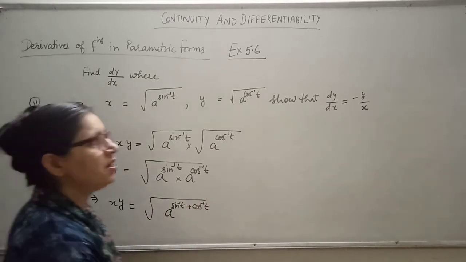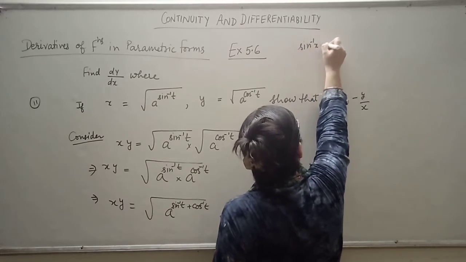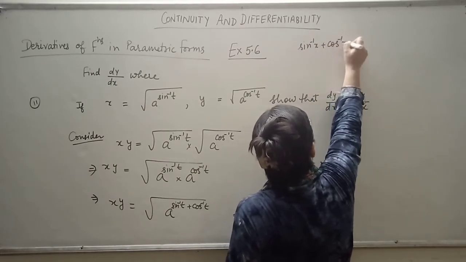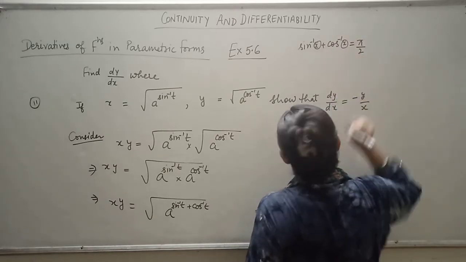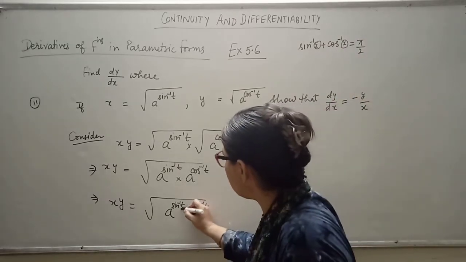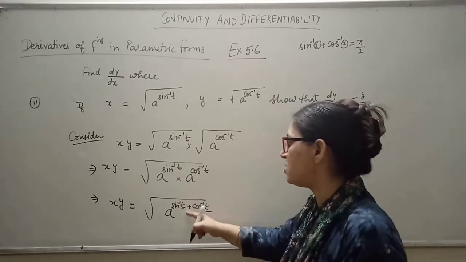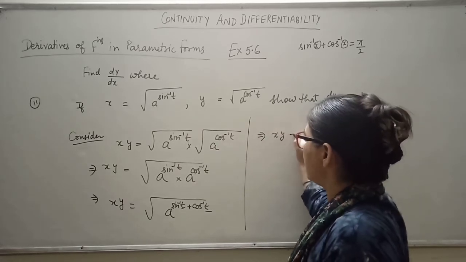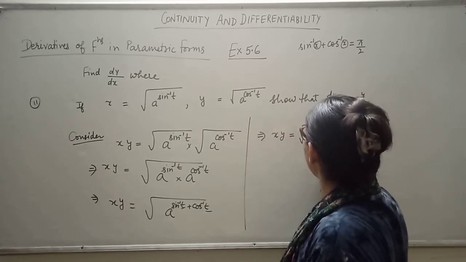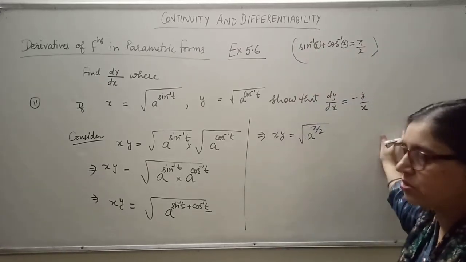And you have studied that sin inverse x plus cos inverse x, if both are the same, becomes equal to pi by 2. Here it is t and this is also t, so this becomes a raised to power pi by 2. Write down the supporting reason also here.